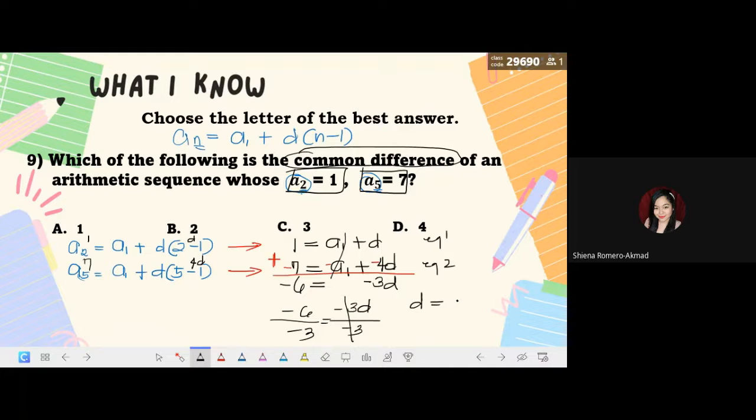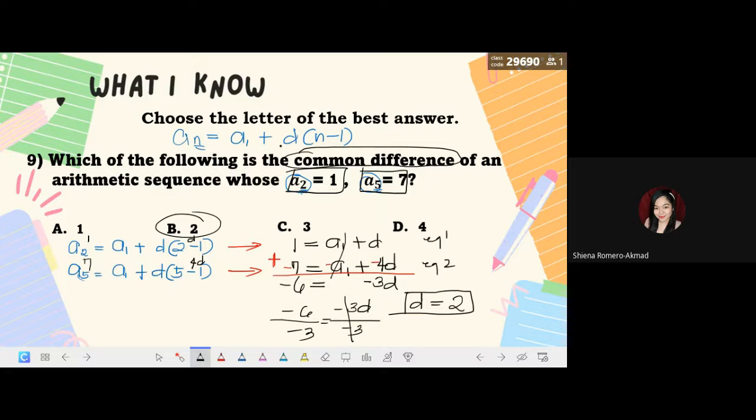Negative 2 po. Negative 2 po. So now the common difference here, is it negative 2? Negative 2 na ba siya? Should be negative divided by negative. That is positive 2. Positive 2. Correct. So the answer here is letter B.